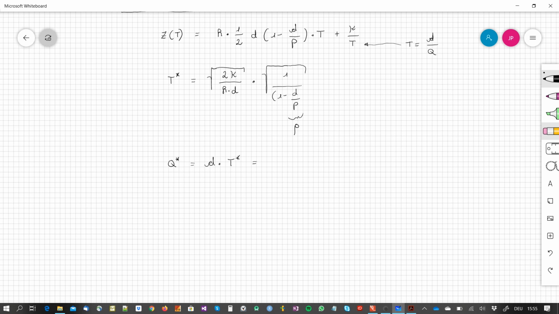And if we insert this term, then we get the optimal reorder quantity after some algebra, given by the square root of 2KD divided by H, multiplied by the square root of 1 divided by 1 minus D divided by P.